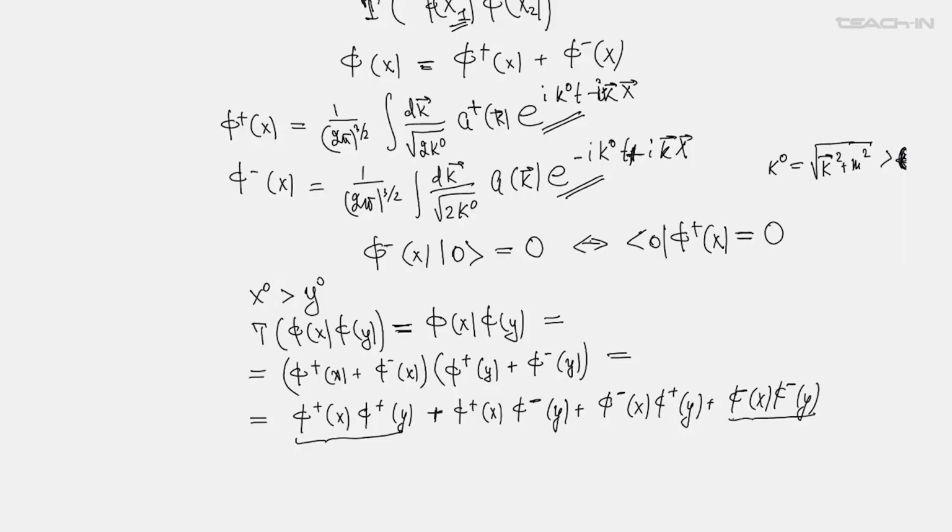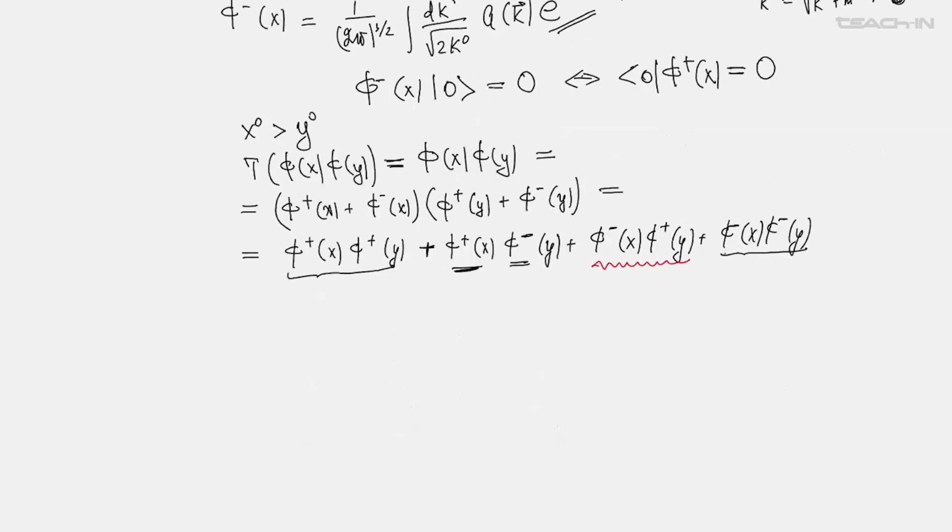And the only term in this expression which is not normal ordered is this one. Right? Because in this term the annihilation operator in phi minus is to the left of the creation operator in phi plus.